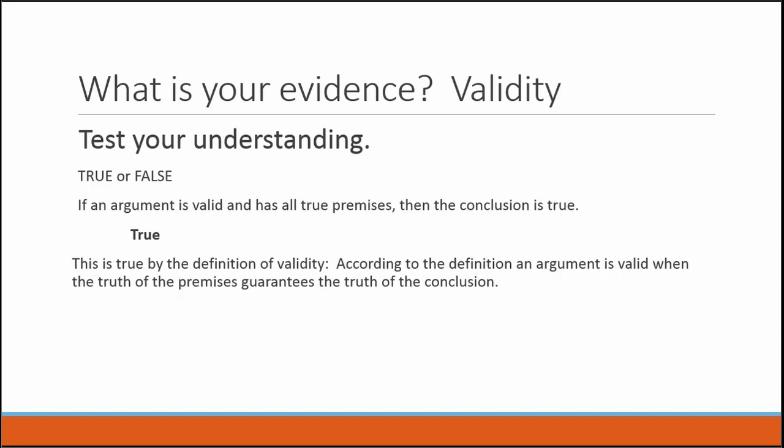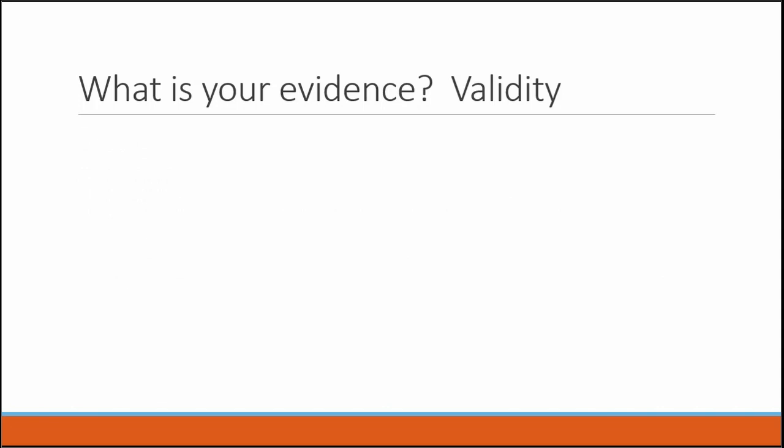And this is why validity is such an important concept. Because as long as we have true premises, validity guarantees that the conclusion will be true. That's what validity does. It guarantees that if your premises are true, then your conclusion will be true. It doesn't guarantee that your premises are true, however.